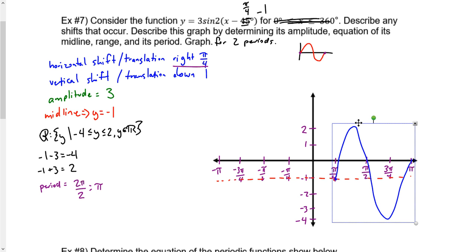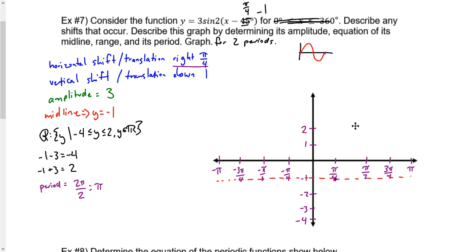So let's do this right. Oh, come on, there we go. Identify a few key characteristics. It has to start and end in a span of 1 pi. Well, that's 1/4 pi. That would be 1/2 pi. That's 3/4.